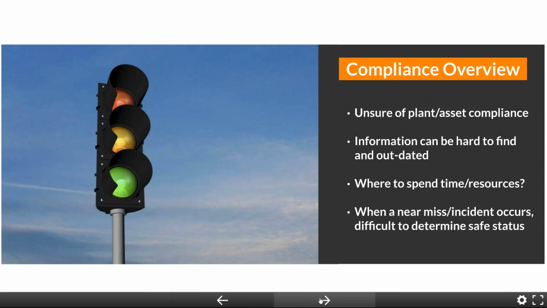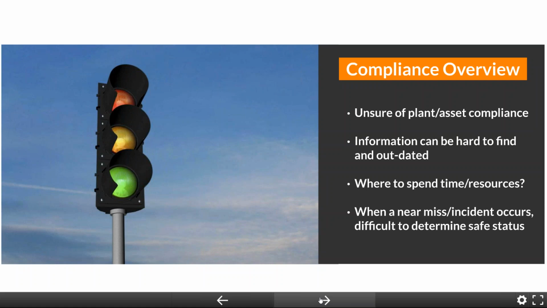Keeping your information in these kind of paper records or in different file folders all over the business makes it hard to find and leads obviously to outdated information being in use. And then finally, without that kind of easy access to reporting, or maybe integration with other areas of your business like near miss and incident reporting, you kind of are at a loss to understand where to spend your time and resources. So how do you actually prevent these systems or instances from occurring?